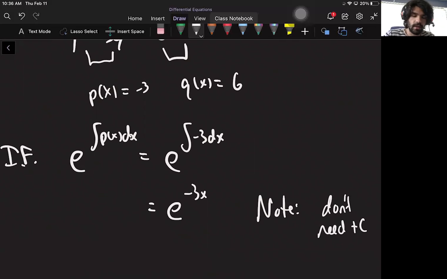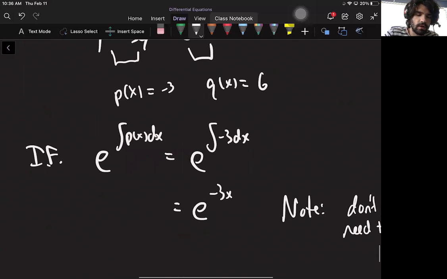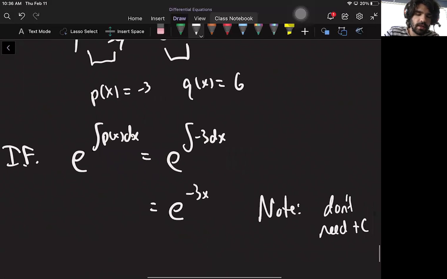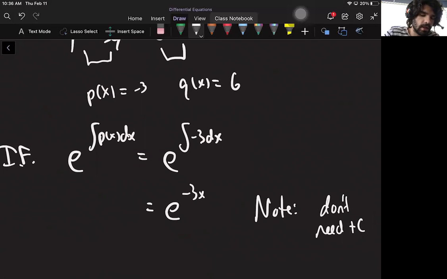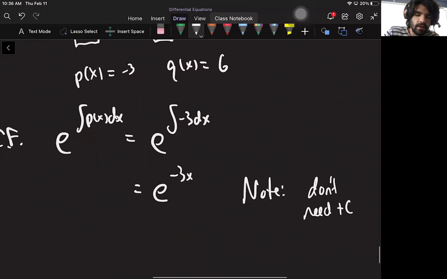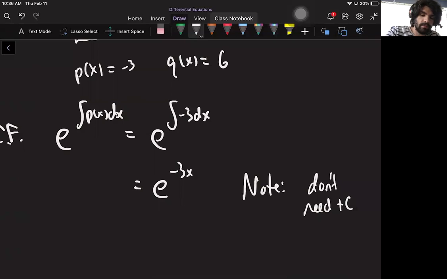The reason being is that I'm not integrating something to solve the equation. I'm integrating something to get something to multiply to make things easier. And it doesn't actually matter what constant you put here, the trick will work.